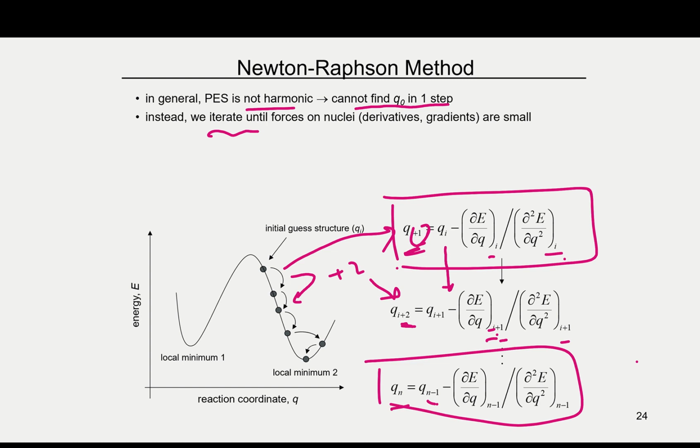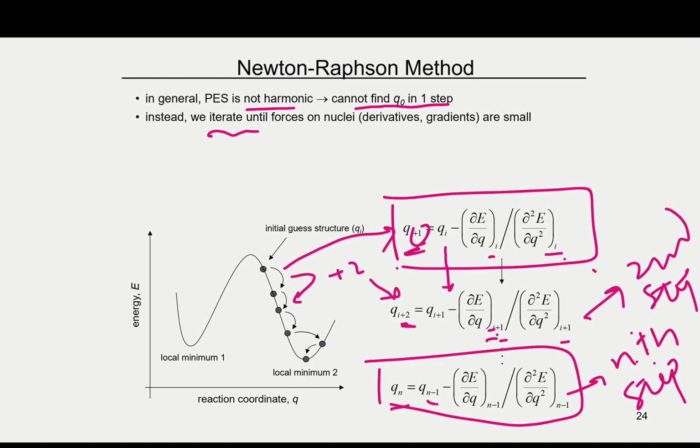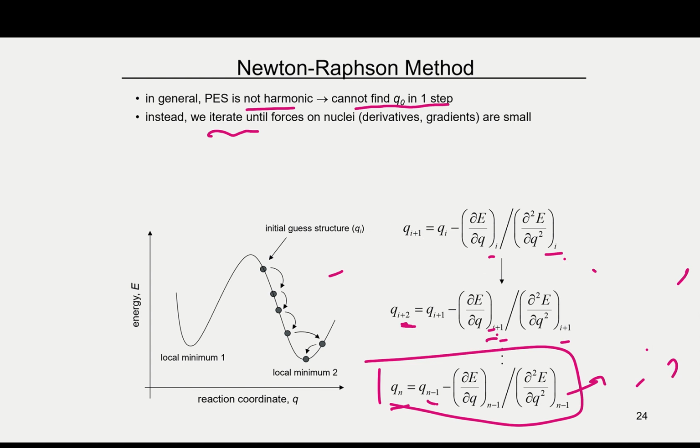Now you can see that this is the first step and this is the second step, and then the third, fourth, fifth, sixth, and this is the nth step. So you know now that the equation is Qi is equal to Q naught minus first derivative divided by the second derivative. You should remember this one.